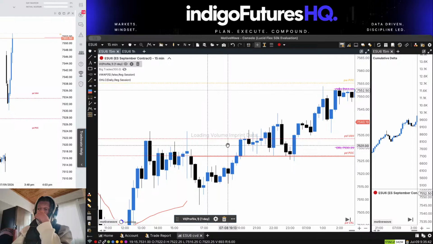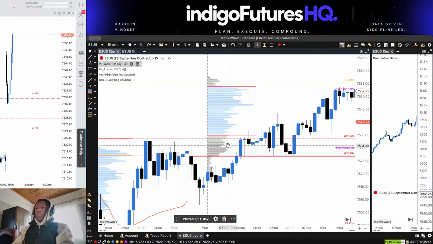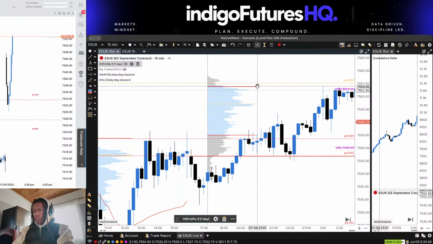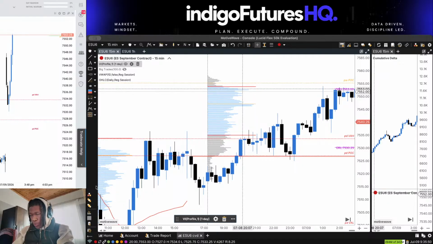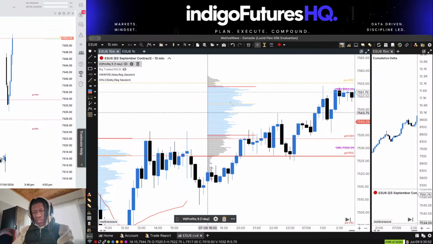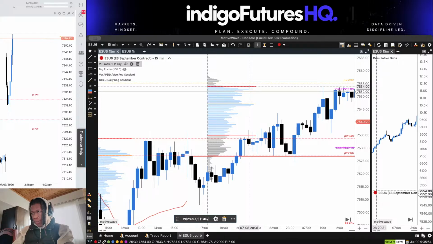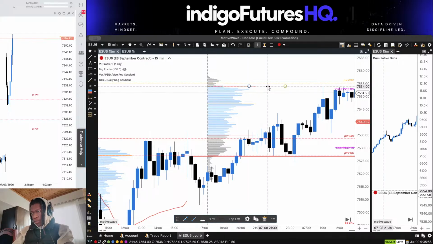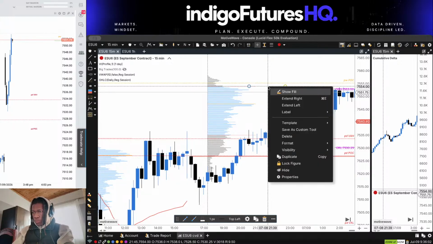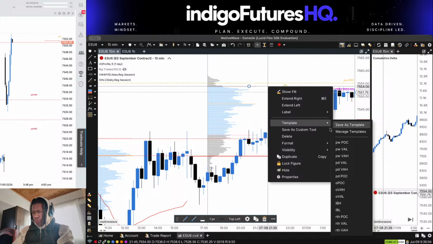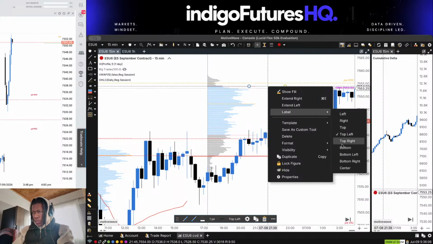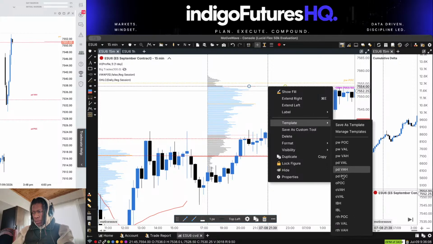I think once we get these little levels, which don't really have to be accurate, you know what I'm saying? Overnight, where are you?